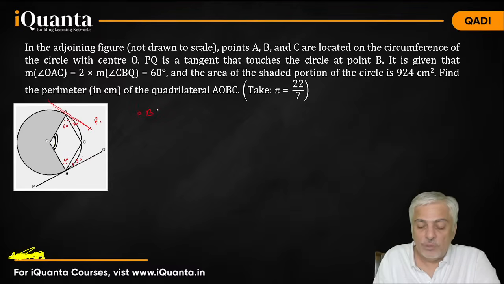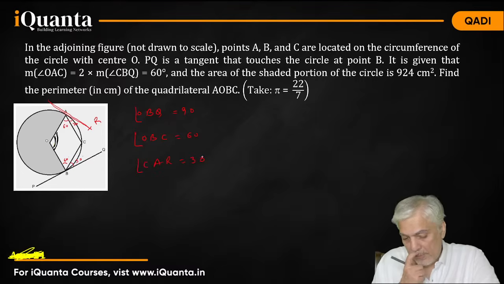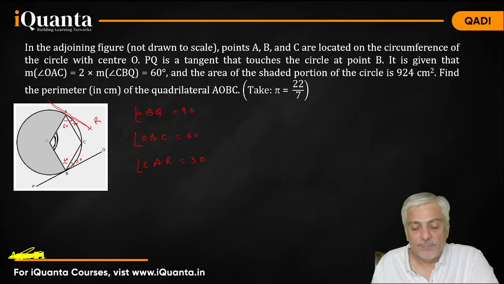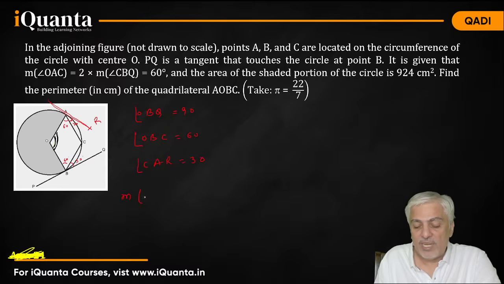I'm just writing a few things. Angle OBQ is 90. Therefore, OBC will be 60. And similarly, angle CAR will be 30. Now, because both these small angles are 30, 30, therefore the smaller arcs, arc AC and arc BC, measure 60 degrees each by the tangent secant theorem.